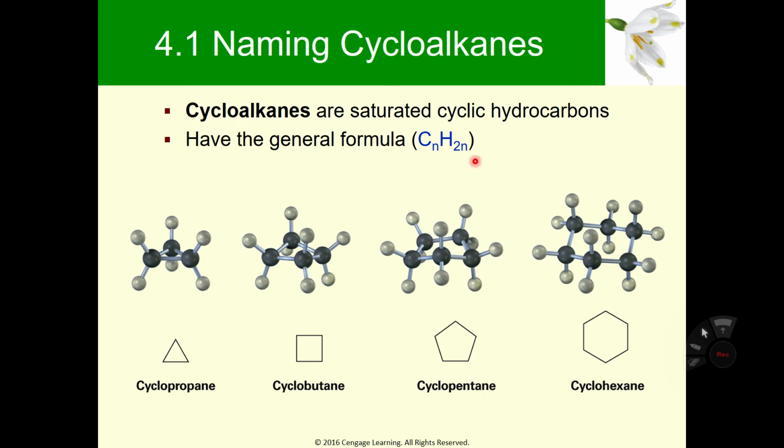The general formula for the cyclic compound can be represented as CnH2n. Remember that the general formula for the alkene with the single double bond is also expressed as CnH2n, okay?